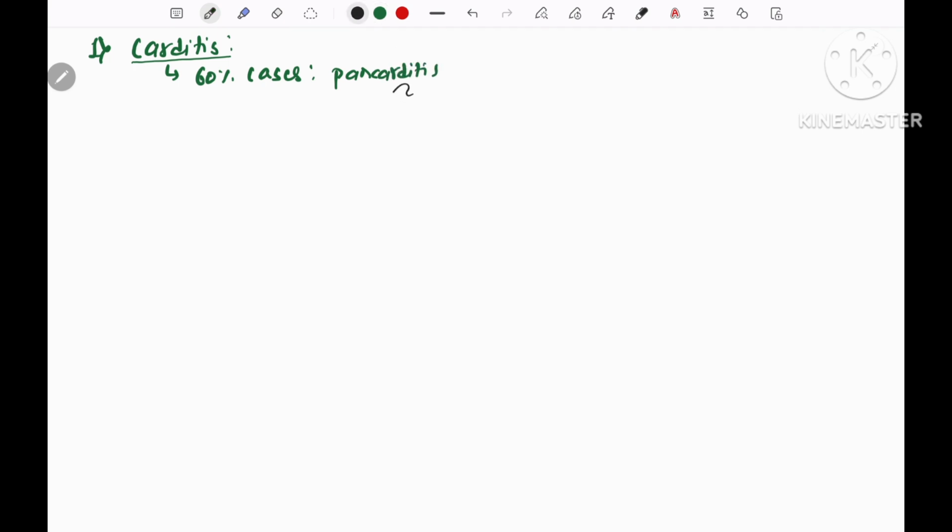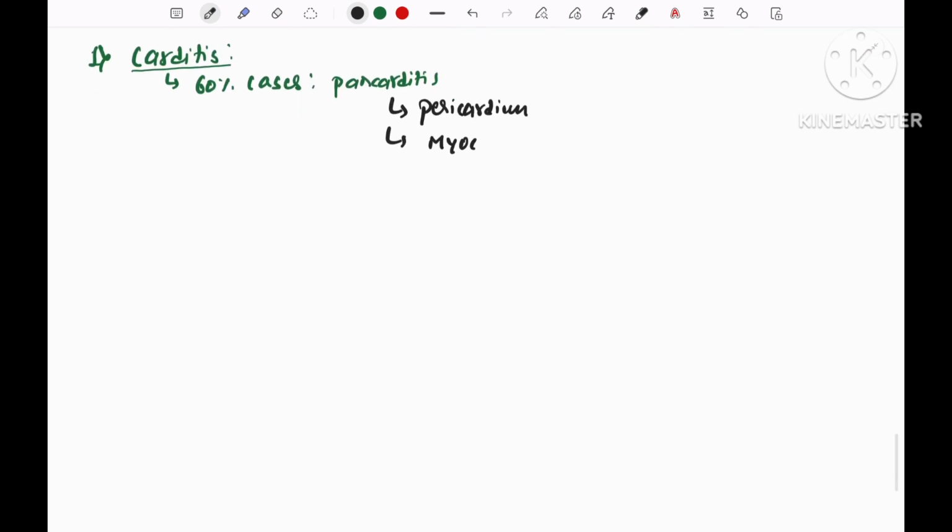That there is involvement of the pericardium, myocardium, and endocardium. And mostly it involves the endocardium, so there is mostly endocarditis.